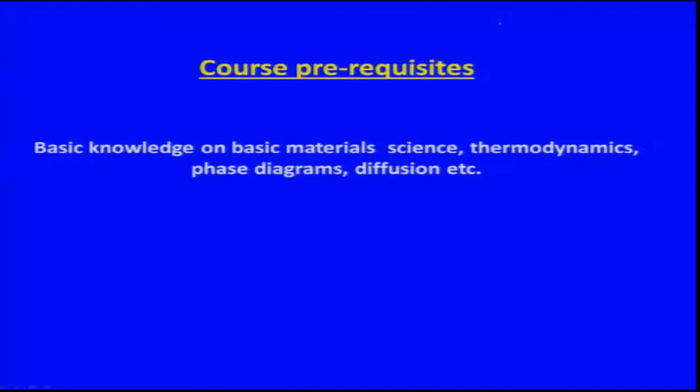Okay. These prerequisites are, you should have, preferably should have some basic knowledge on basic material science that most of the students in metallurgy or material science normally have, thermodynamics, especially the thermodynamic functions and their relationships, and then some idea of phase diagrams and diffusion. Okay.